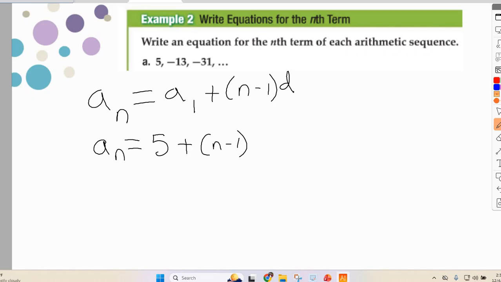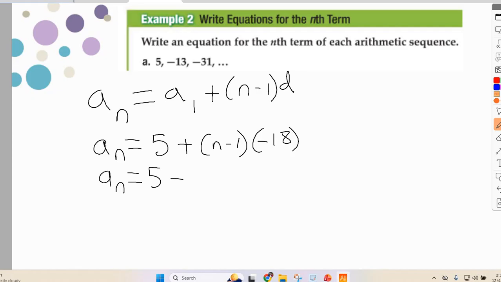Negative 18. So we do want to make it negative because we are going down, right? And we said that our arithmetic sequence is adding something each time. So technically we are subtracting something each time, or adding a negative. So our d value is going to be negative. But we do want to clean this up a little bit. We don't tend to write our sequences that way.